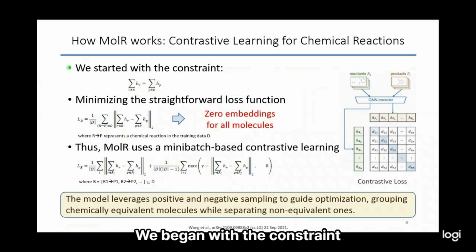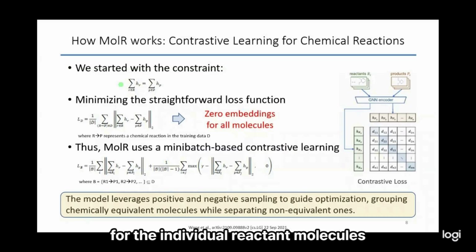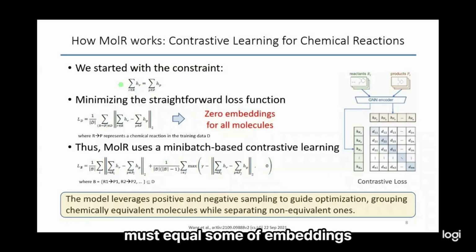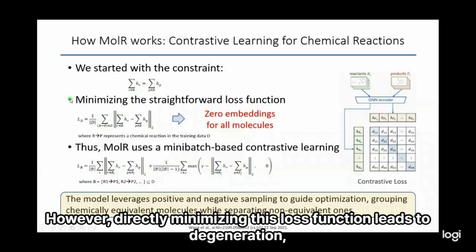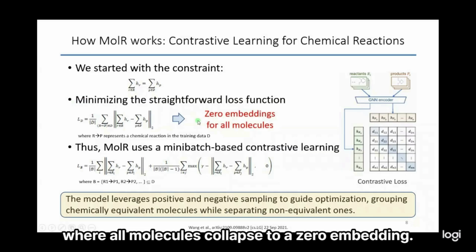We began with the constraint that the sum of embeddings for the individual reactant molecules must equal the sum of embeddings for the individual product molecules. However, directly minimizing this loss function leads to degeneration, where all molecules collapse to a zero embedding.